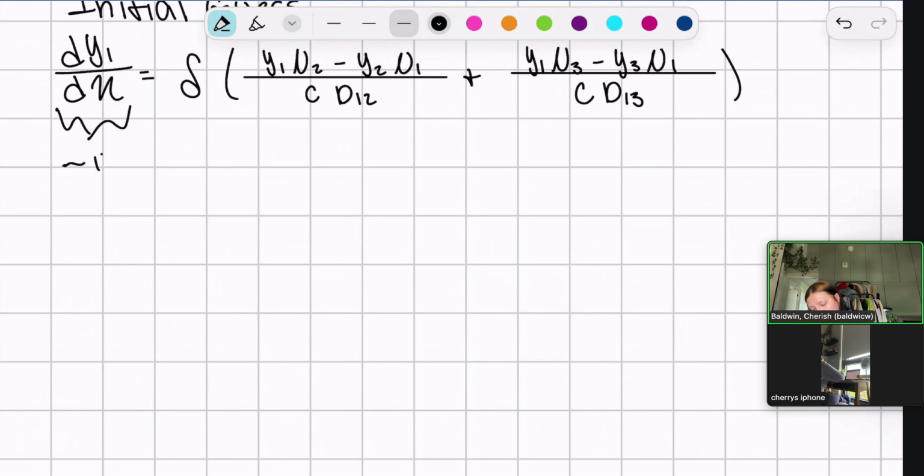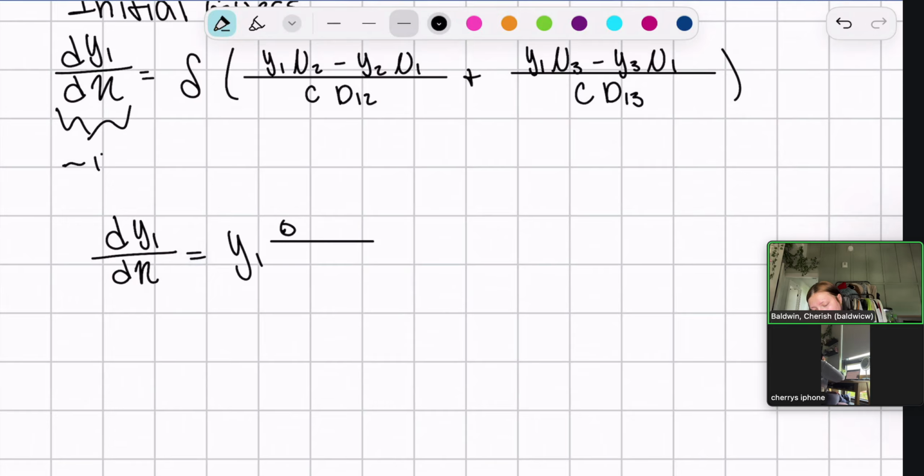So the mole fraction of acetone times the molar flux of methanol.